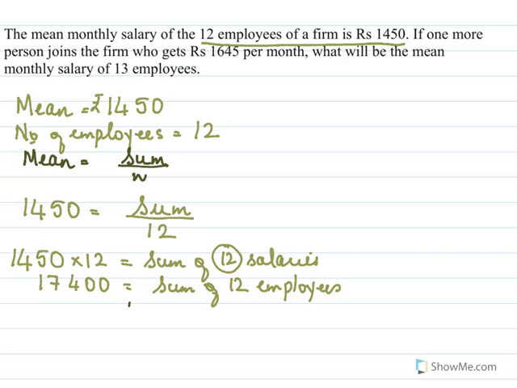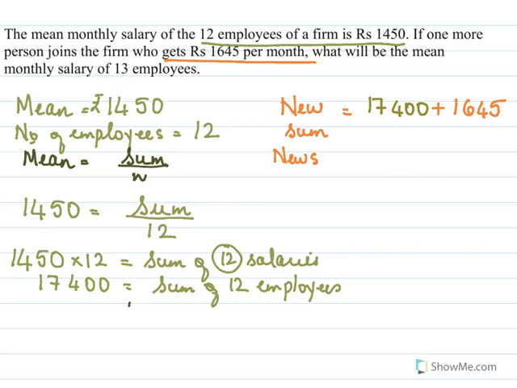Now they say that another employee joins the firm and gets a salary of 1645 per month. So we now have a new sum because there is another employee. The new sum will be the old sum, that is 17400, plus this new employee who has joined with a salary of 1645.